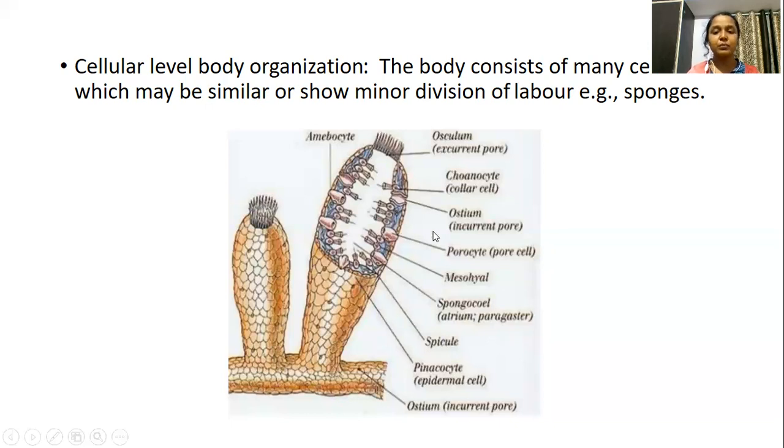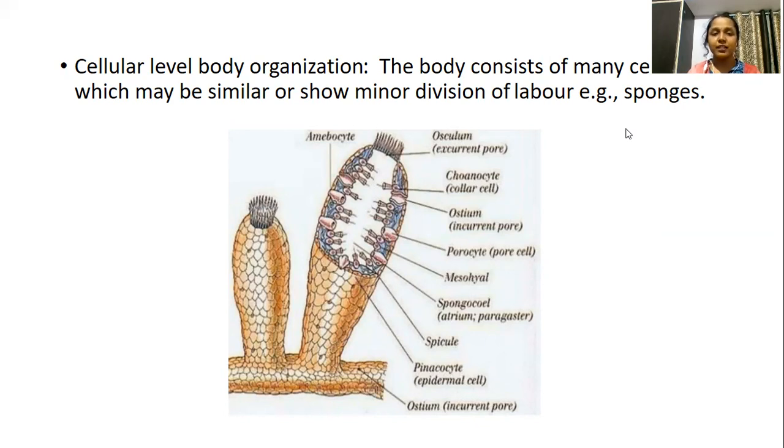You can make out in this picture that it's a sponge with numerous cells arranged in a fashion where all of them perform their function. Of course, we'll come across the water current and all; those functions are done by groups of cells.